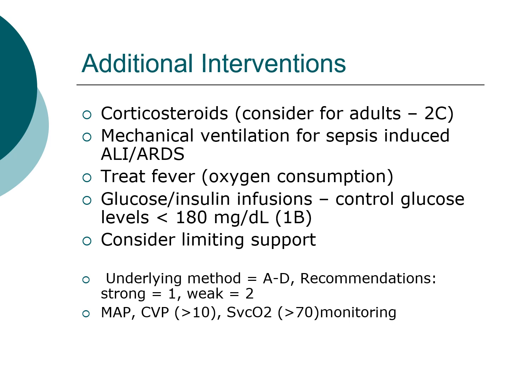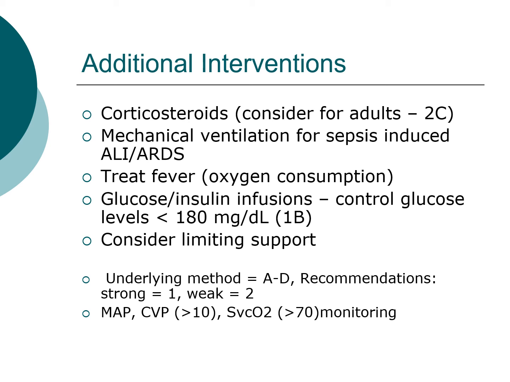A couple additionals, corticosteroids are considered for adults, and you can see the method and the recommendation. Mechanical ventilation, obviously, treat fever, and that would help reduce oxygen consumption, conserving oxygen. There's good evidence, 1B, that glucose with insulin infusions to control the glucose levels and to keep them under 180 are real important.